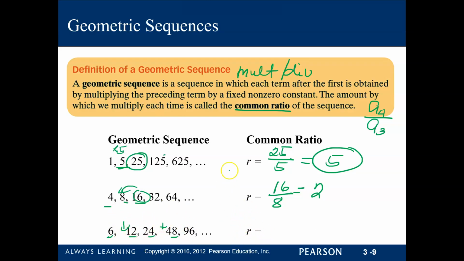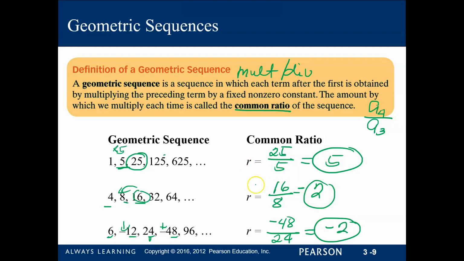To find the common ratio, you can pick any two consecutive terms. Let's say negative 48 divided by the previous term, which is 24. This is going to give you negative 2. So remember that if the common ratio is a number like this, the pattern you are seeing is multiplication.